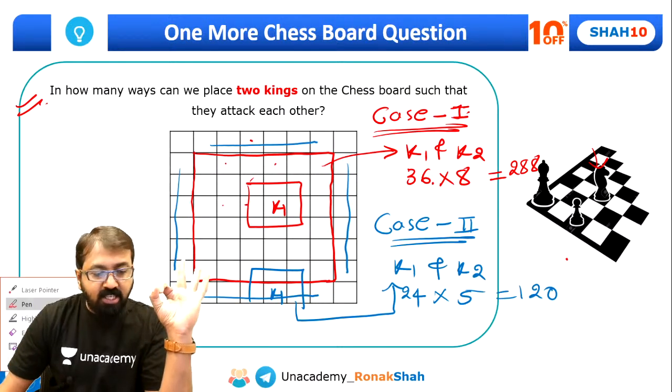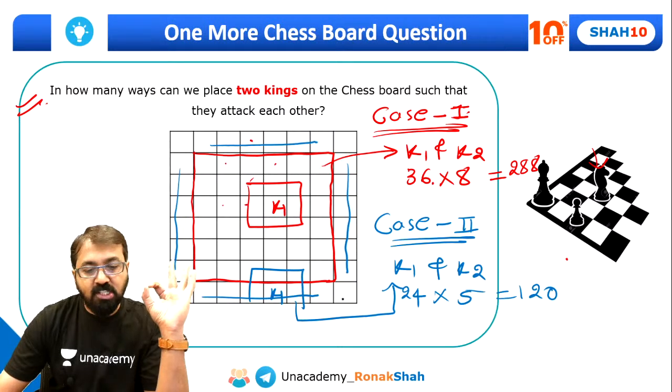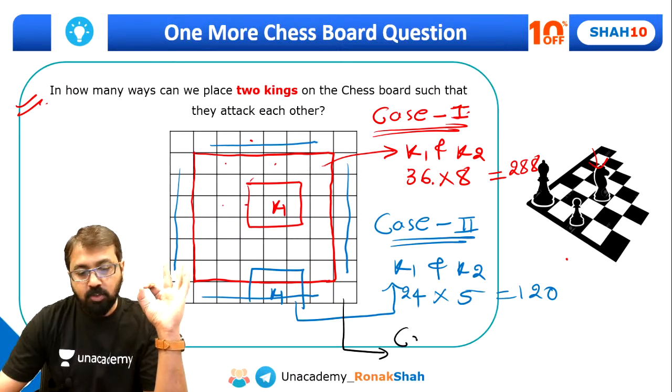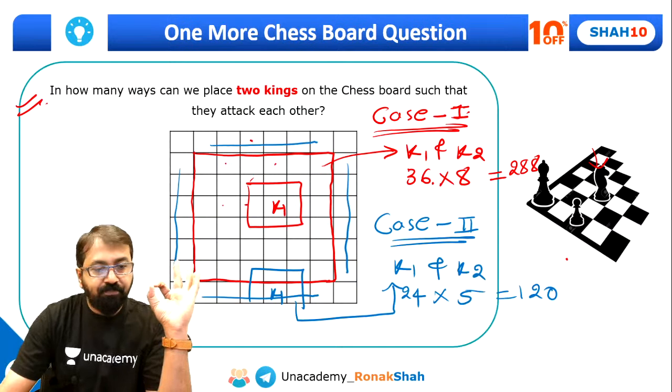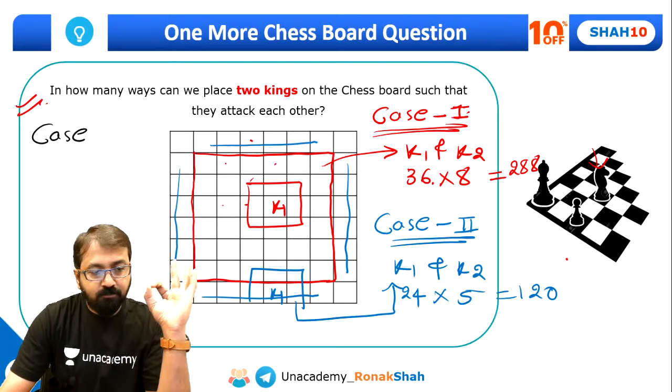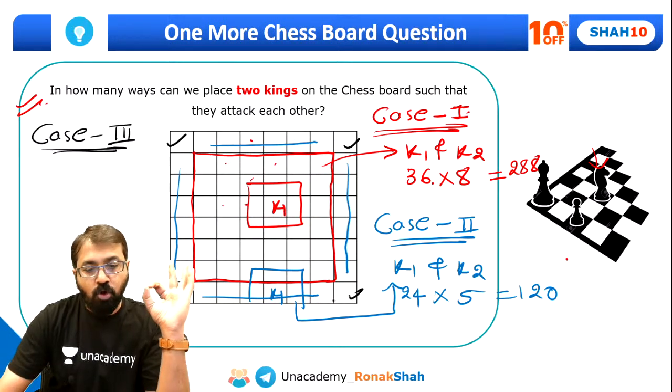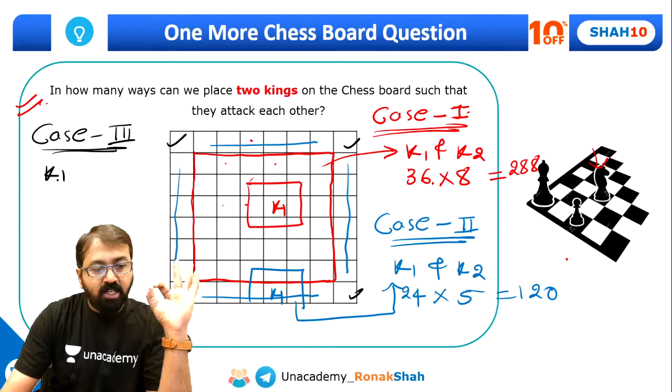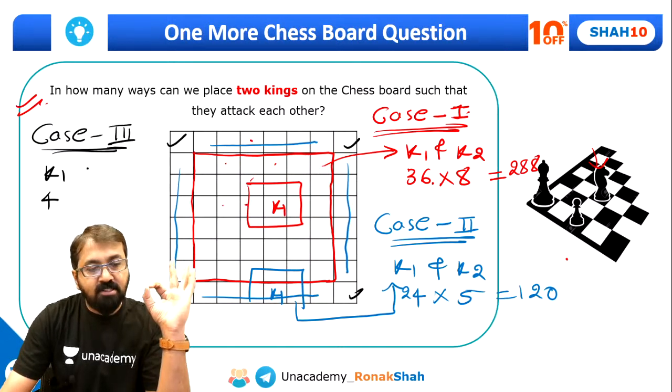And there will be third case. The third case will be the first king is in the corner. Case 3, that the first king is kept anywhere in the corner. So there are 4 corners. So the king 1, k1, can be placed in 4 ways, and the second king can be placed in any of the 3 ways.